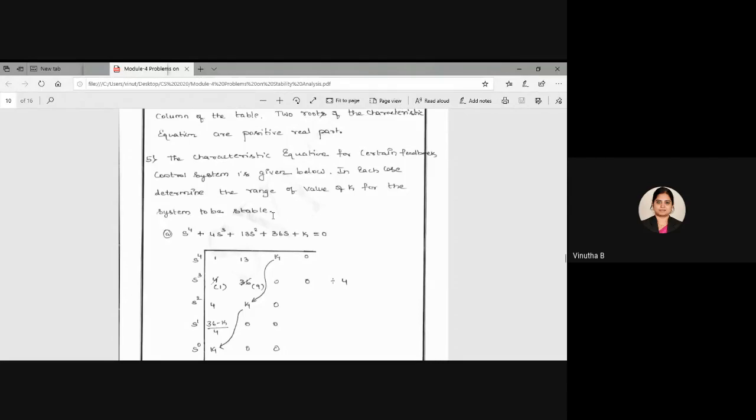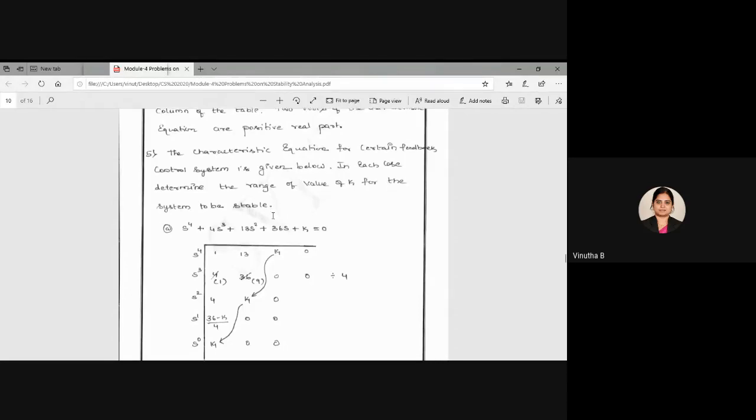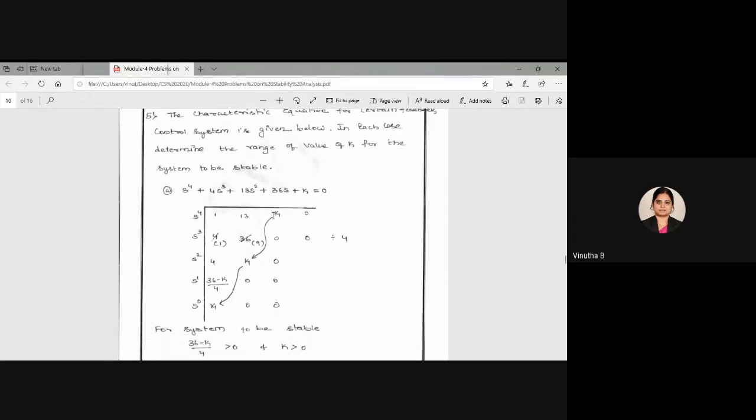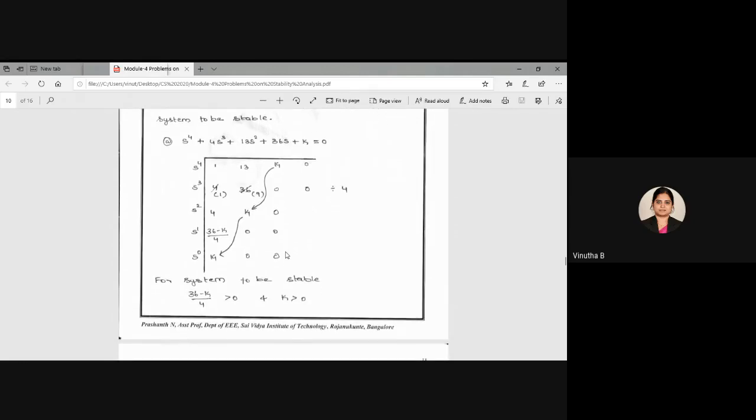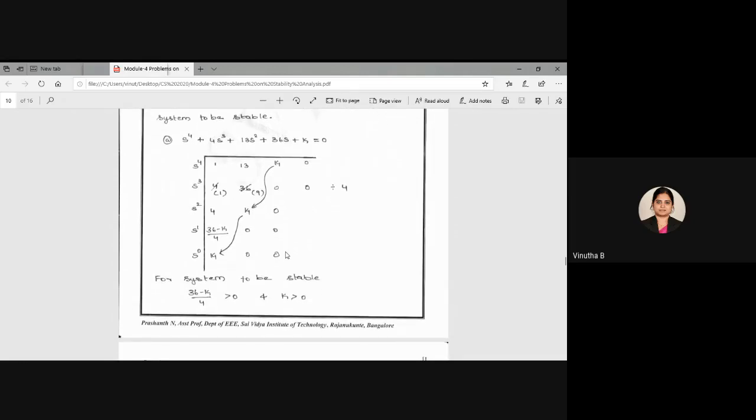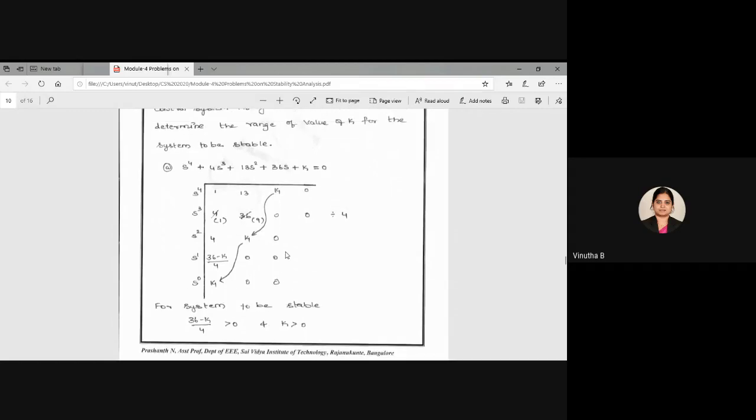These are some of the most important problems which they will ask you. Even in GATE you can come across such problems, and even in university question papers, these are the kind of problems which will be asked. So you have to determine the range of k for the system to be stable.